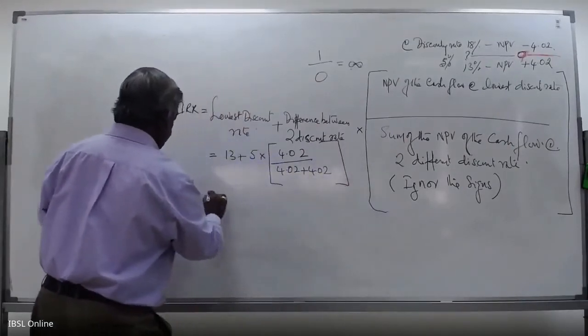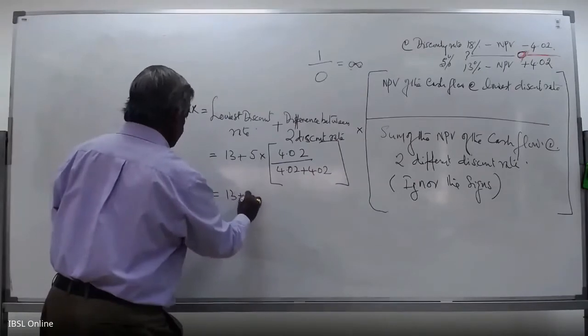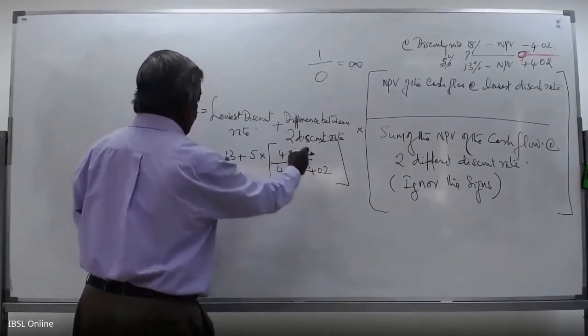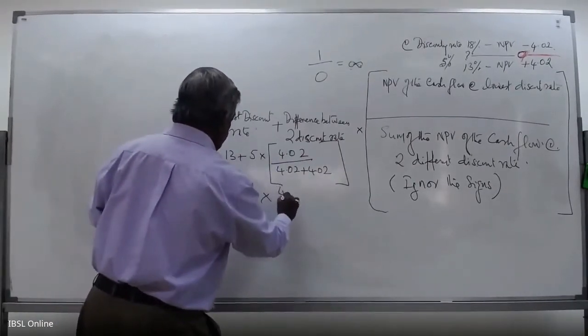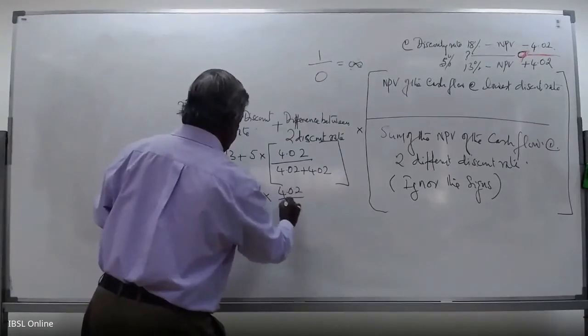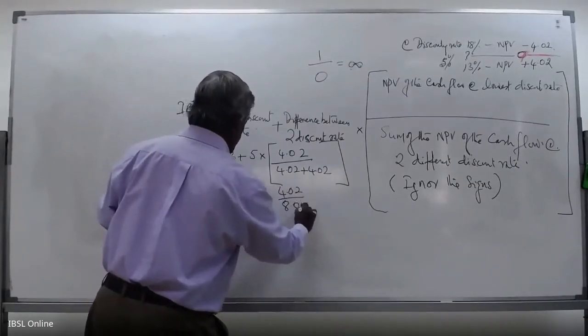This is equal to 13 plus 5 into 4.02 divided by 4.02 plus 4.02, which is 8.04.